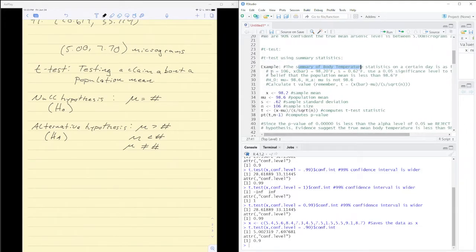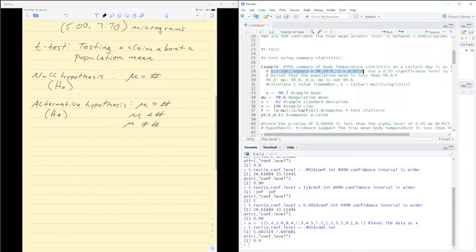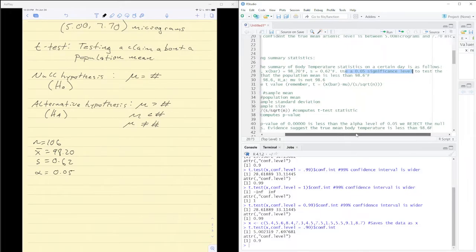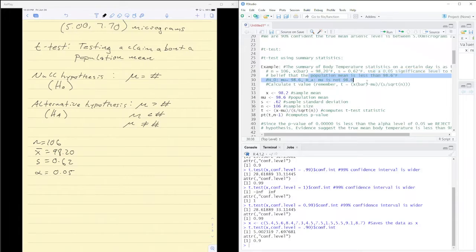Okay, it tells us the sample size, it tells us the mean, it tells us the standard deviation, and it gives us a significance level. We'll talk about that. That's usually abbreviated with the Greek letter alpha, 0.05. And we want to test the belief that the population mean is less than 98.6.